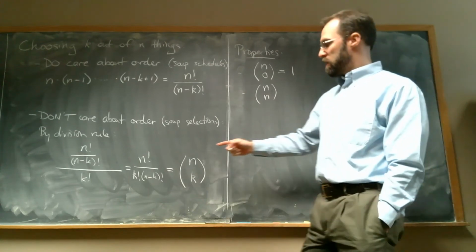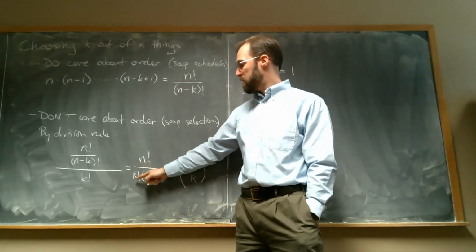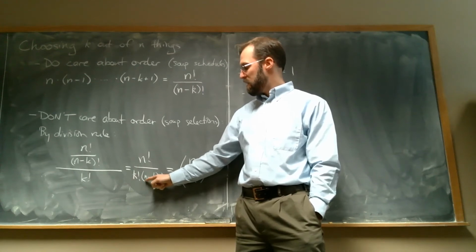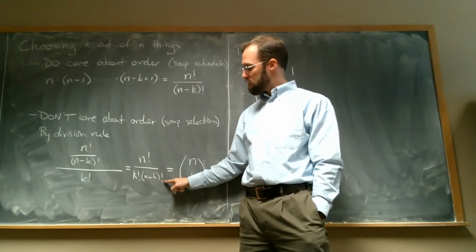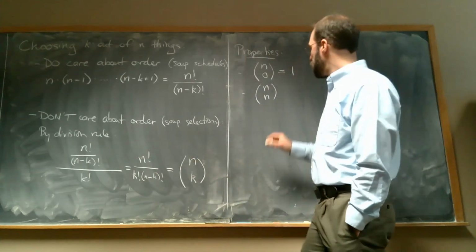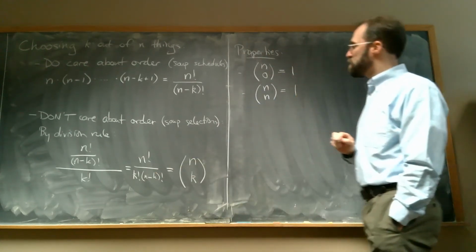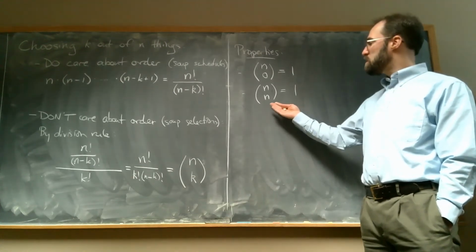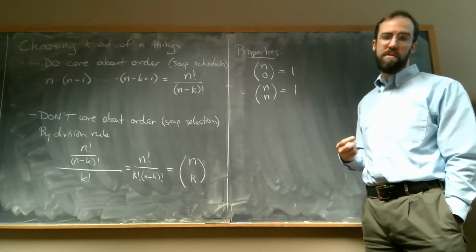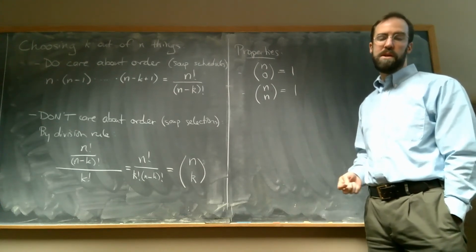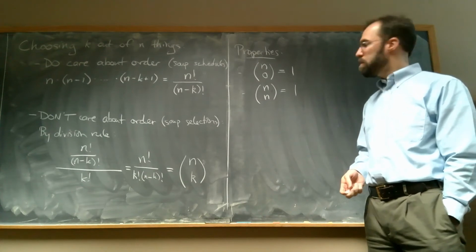If we look at this again, if k is equal to n, this is n factorial, these cancel. This is n minus n, that's 0 factorial, so that's just 1. So again, these cancel and I get 1. This is also equal to 1. And we can make a similar observation that this makes sense, because if I have n things and I choose all of them, and I don't care about the order, there's, again, only one way for me to do that. I just get all of them.